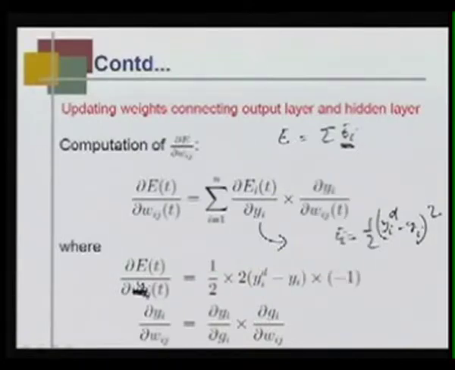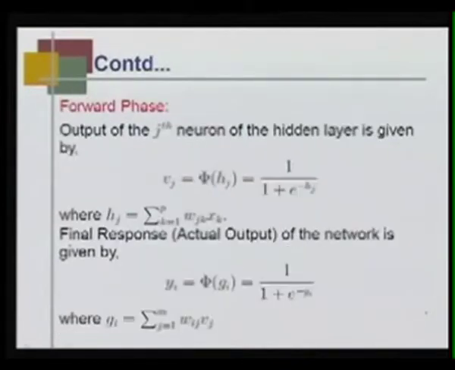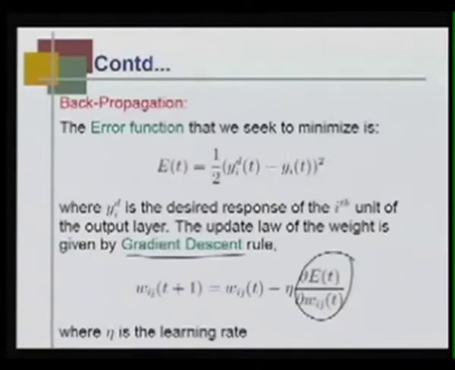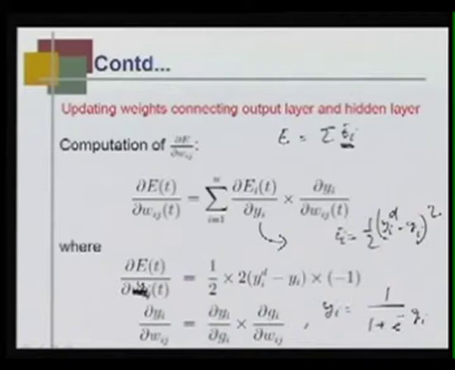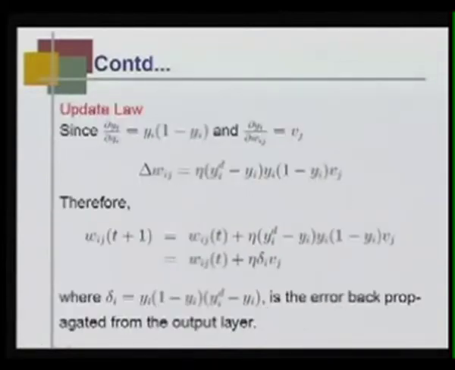Now, ∂y_i upon ∂w_ij is ∂y_i upon ∂g_i, because we know that y_i is 1 upon 1 plus e to the power minus g_i, as we have already shown. y_i is a function of g_i, so while differentiating I differentiate y_i with respect to g_i and then g_i with respect to w_ij.